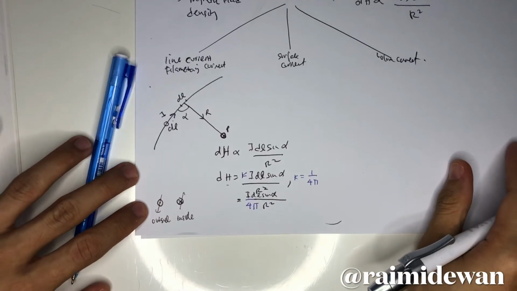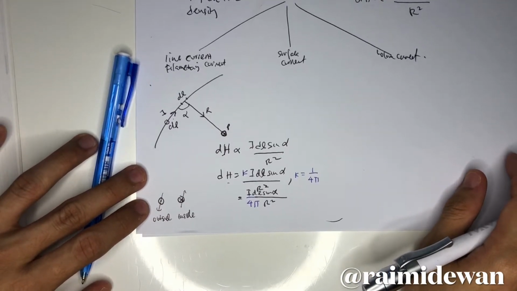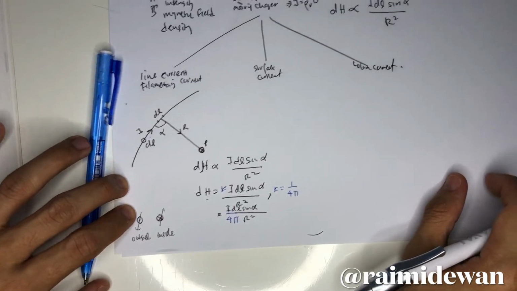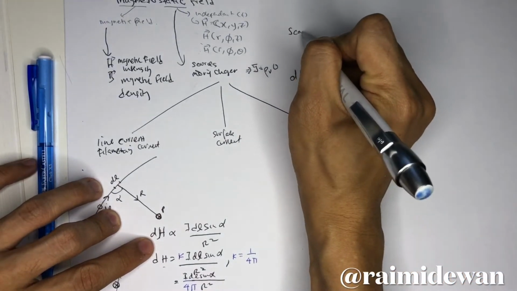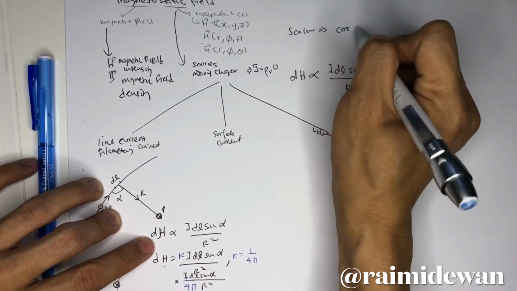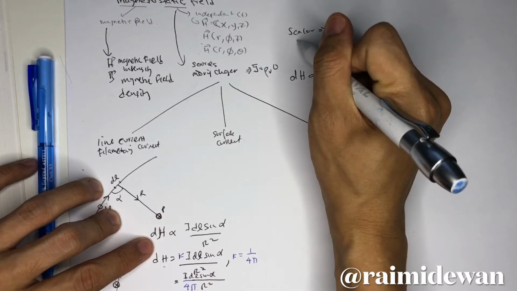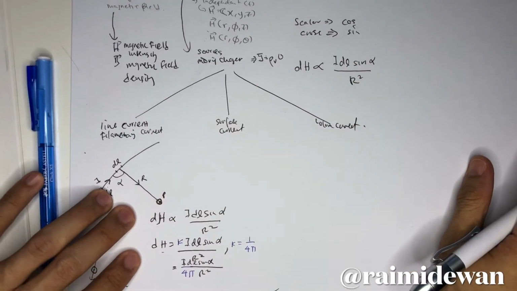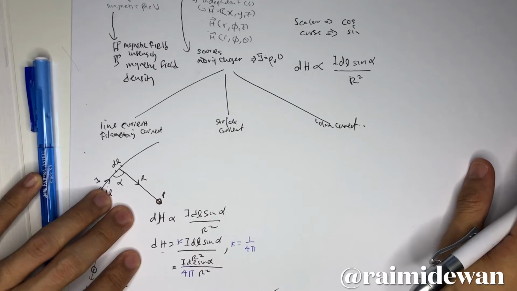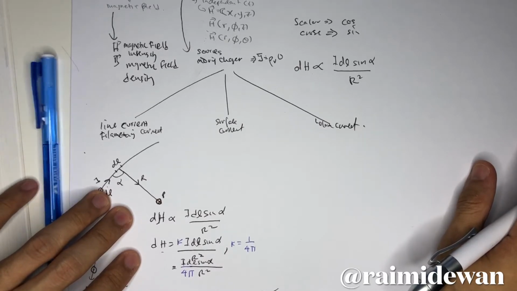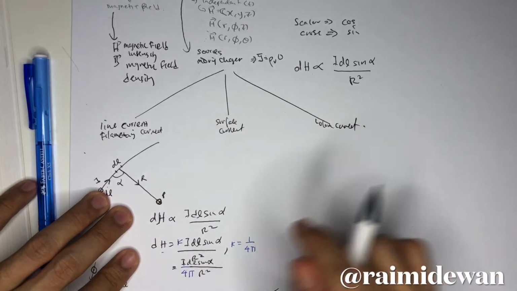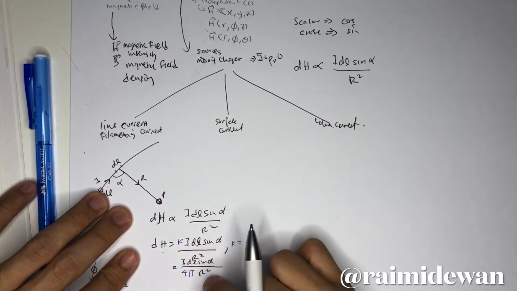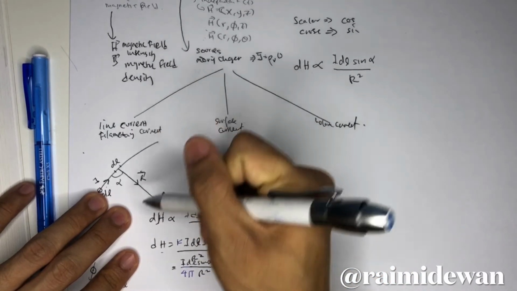When we want to see a cross product, you remember the difference from the scalar product: scalar will use cos, whereas cross will be using sine. From the definition of the cross product that you learned from the previous equation 1.1, it is better to put it in vector form, because I is a vector, dl is a vector, and R is also a vector, since there is a direction there.